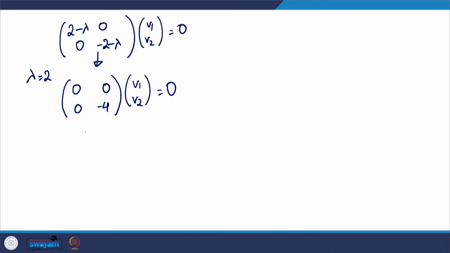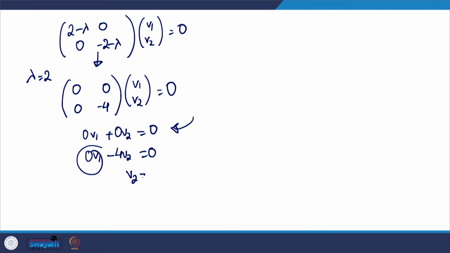So, we have 0 V1 plus 0 V2 equal to 0, and 0 V1 minus 4 V2 equal to 0. Clearly, the first one is a non-solution and this one too is not very helpful. What we end up with is that V2 is equal to 0. Notice V1 is the movement in the x direction, V2 is in the y direction. V2 being 0 means this is coincident with the x axis.